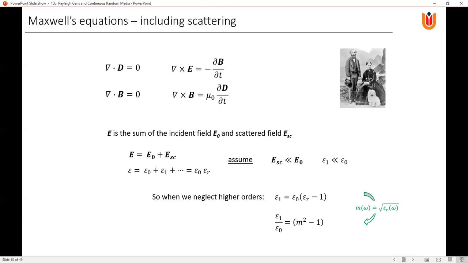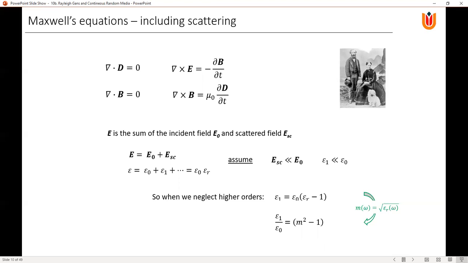So Maxwell's equations are absolute. We can apply them to the incident field, to the scattered field, but we can also apply them to the sum of the fields. So let's take a hypothetical situation where we have some material that is illuminated by light, and at some point, a distance far away, we pick up the response.